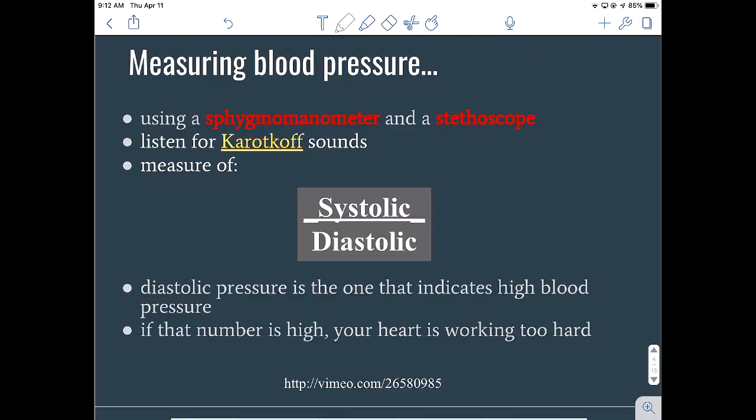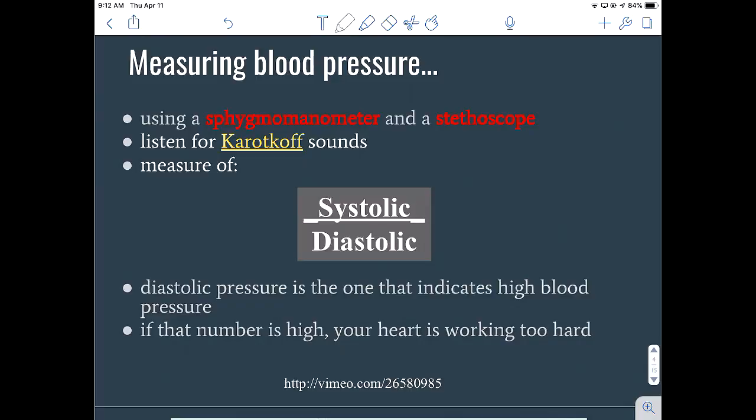Once you provide enough pressure, it will stop the blood flow in your arm. At the point where it's stopping the blood flow, we can think of that as where it is providing exactly the same amount of pressure as the pressure in your blood. So if it stops flow completely, then that must be the point where you are stopping the blood, and so whatever pressure you read here is the same pressure as is in your artery.